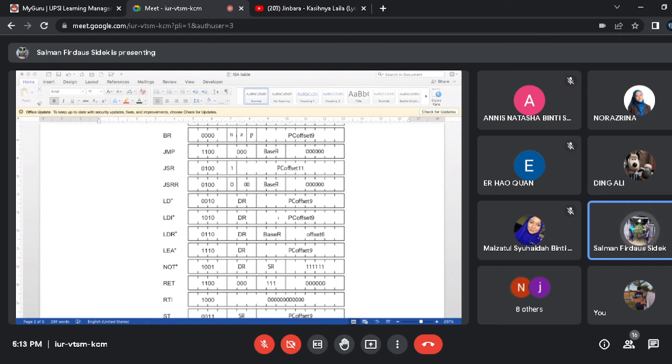R2 is the destination, this one, 010. So in this case, in your opinion, where is the location of R2? Is it in the CPU or in memory? Remember, LDR is a process of loading, sending. It's different from add.